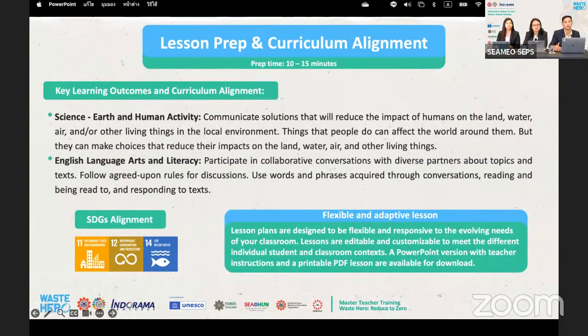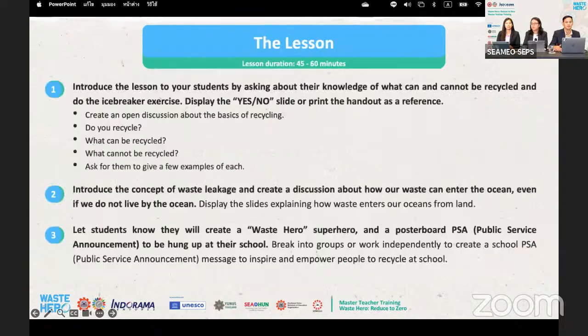Again, it's going to show you the key learning outcomes and curriculum alignment. And this is the lesson plan. It shows you the lesson duration. For this example, it is about 45 to 60 minutes. Is that suitable for your class, right? And this shows you the steps for teaching in your class.